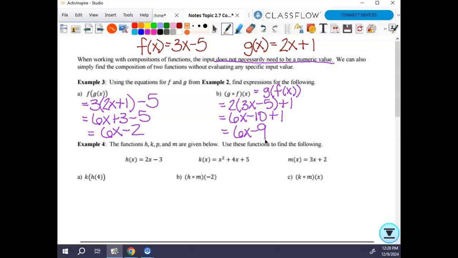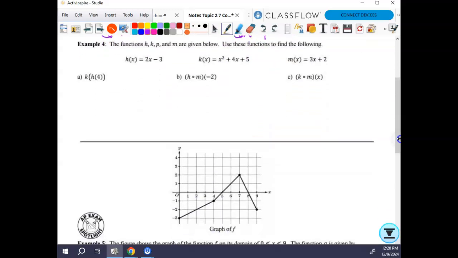We got this piece of cake, right? All right, so you do A and B on the next part and stop. Just do A and B.